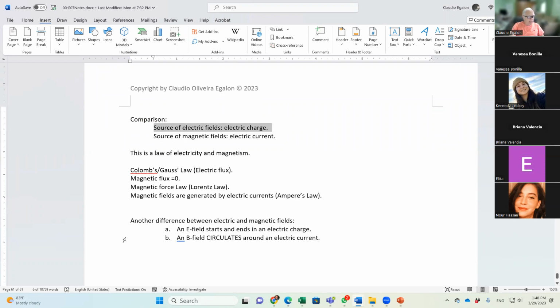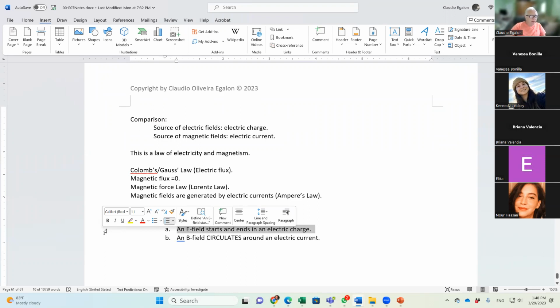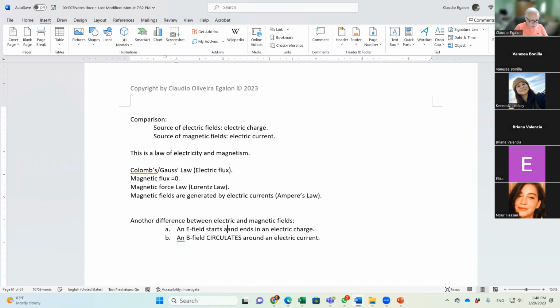On top of that, an electric field always starts at a positive charge and ends at a negative charge. For now, it's okay to believe that. Later on, you're going to see that's not exactly like that.